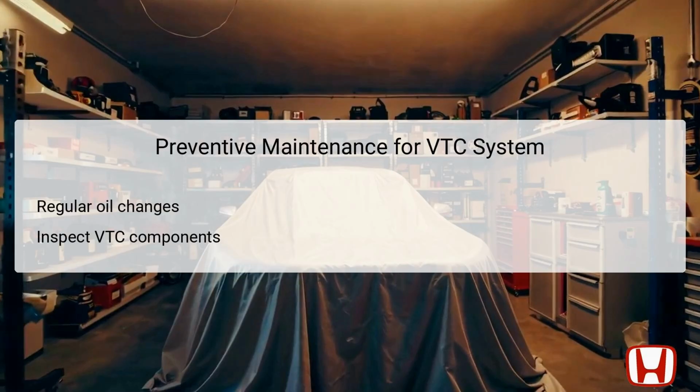Additionally, periodic inspection of the VTC components, including the VTC oil control solenoid and the actuator, can help identify potential issues before they lead to significant breakdowns. Regularly checking for abnormalities or changes in engine performance can also be an early indicator of VTC problems. Maintaining overall engine health will lead to a more reliable driving experience.